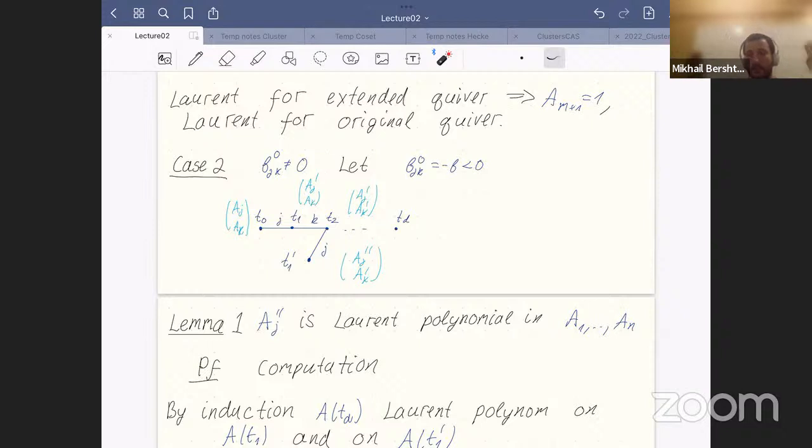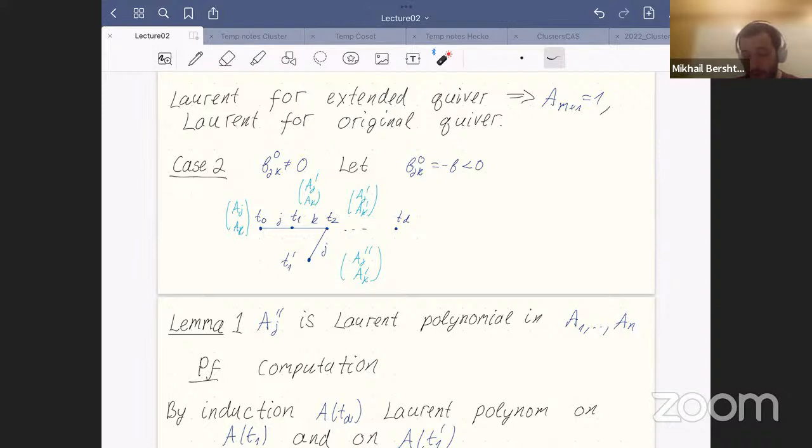This is proven. Again, I'm not going to explain the proof since I'm almost out of time. I'll give a reference to the Zelinsky paper. It's just a careful computation.